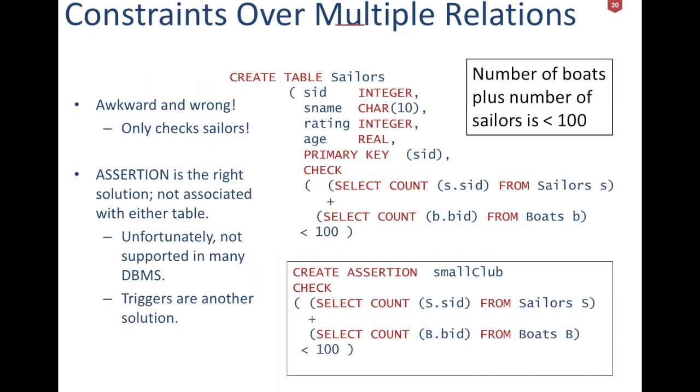And that's why we should actually create something called assertion, which is going to be checking on both tables. However, this assertion is not supported in many DBMSs. We will address them in triggers later on.